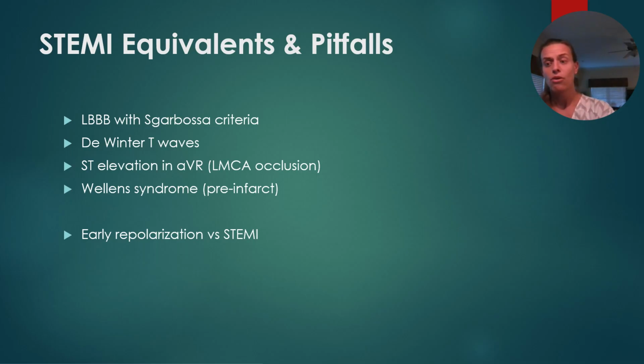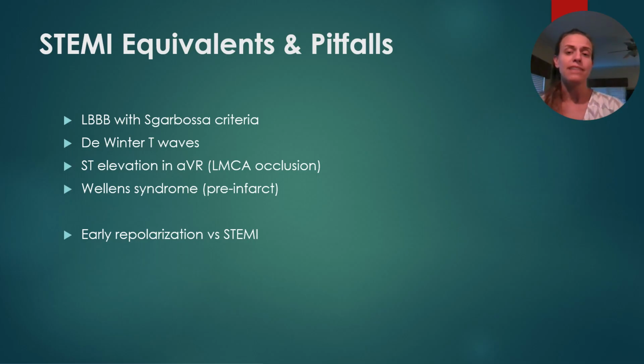Okay, now if we have ST elevation in aVR with widespread depression. If we put someone on an EKG and it's showing this kind of widespread depression across the way, a lot of times that can just be overall, they've generally had a history of heart damage, and it's just kind of all over the place.